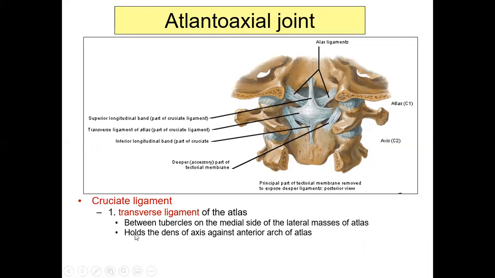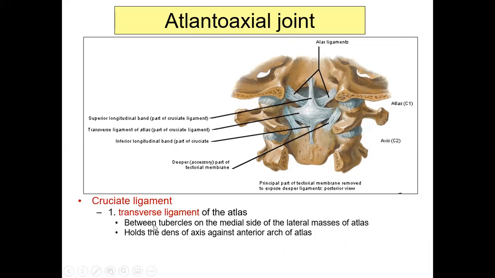It holds the dens of the axis against the anterior arch of the atlas. So this is the atlas, and this is the function of the transverse ligament.